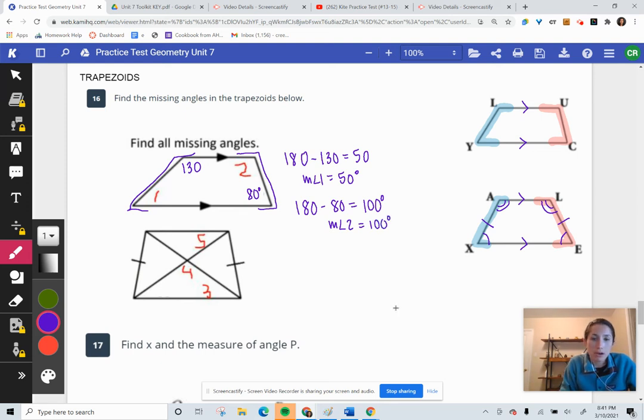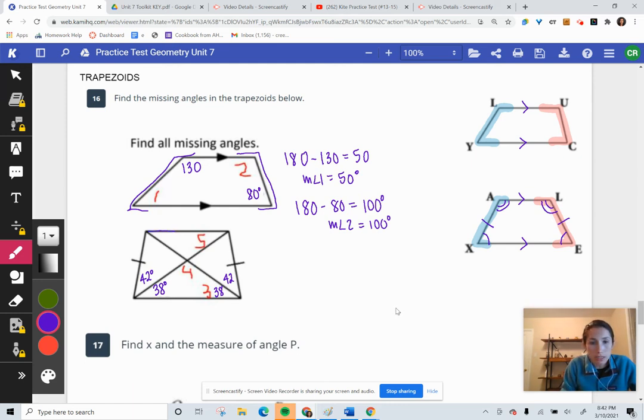Now in our diagram here, I'm going to pick some different numbers from your practice test. So let's just say that this is 42 degrees, and let's maybe say this is like 38 degrees. So first thing we know is that these base angles are the same. So I'm going to put 38 degrees here, and I'm going to put 42 degrees here. Then we also know we have some parallel lines that are created from our Z shape.